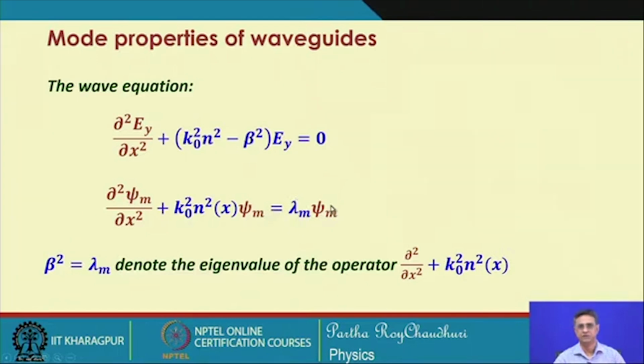So, this wave equation and eigenvalue equation will result in the eigenvalue lambda m, so beta square equal to lambda m denotes the eigenvalue of this operator. You can treat this quantity as an operator which, operating on psi m, will give psi m back with the eigenvalue lambda m.